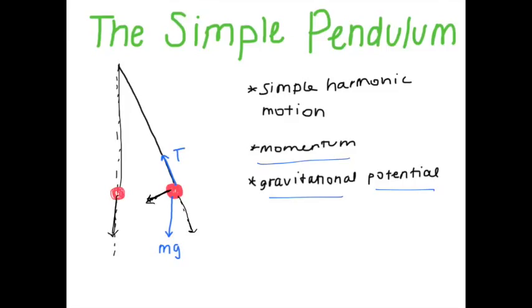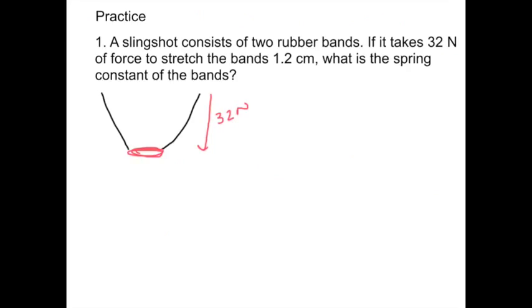So here are some practice problems for section 11.1. Number 1. A slingshot consists of 2 rubber bands. If it takes 32 newtons of force to stretch the bands 1.2 centimeters, what is the spring constant of the bands? In this case, we're looking for k, which we know is measured in newtons per meter. So we basically want to find how much force is required to stretch the bands 1 meter.